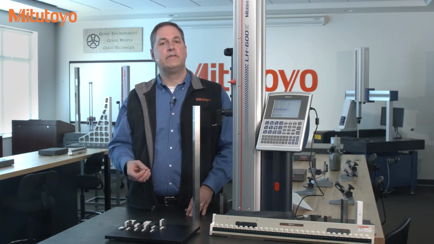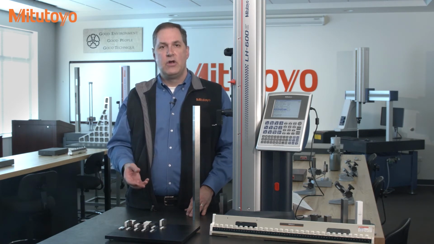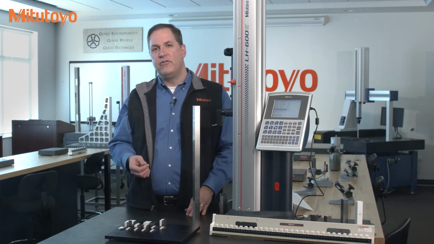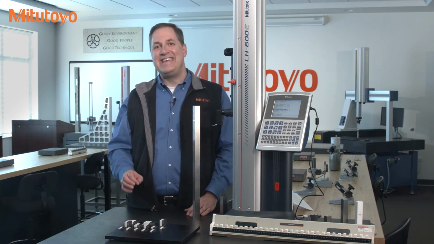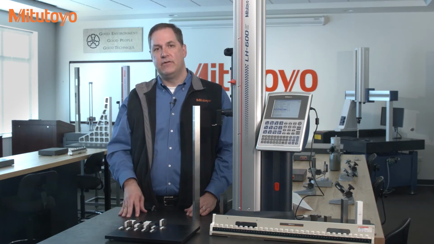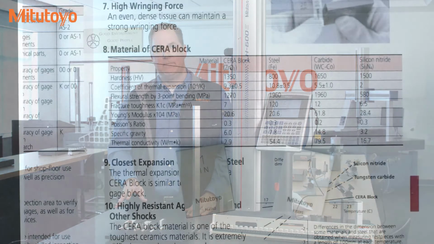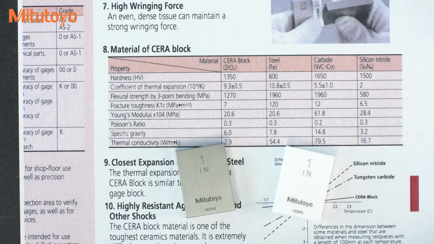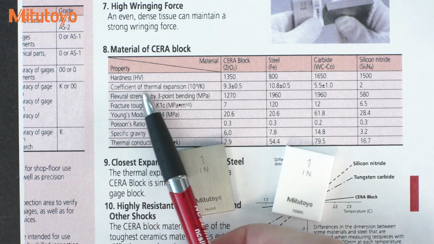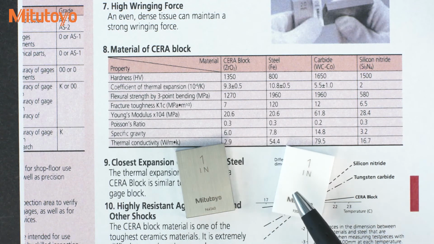All materials expand as temperature increases. Different materials expand by different amounts. You need to know what's called the coefficient of thermal expansion, or the CTE, of different materials to understand the impact. If you look in the Metrology catalog, you'll see the published CTE for our gauge blocks.